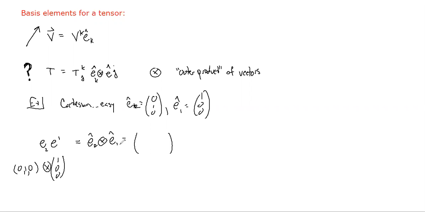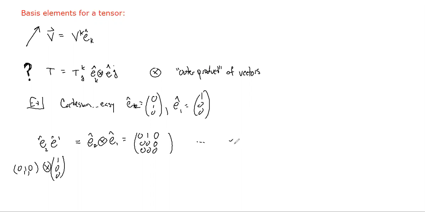And so what I get, this is just notation, but these are the same thing. So what I get is something that looks like this, which is to say it's 0 everywhere aside from the 2, 1 element.